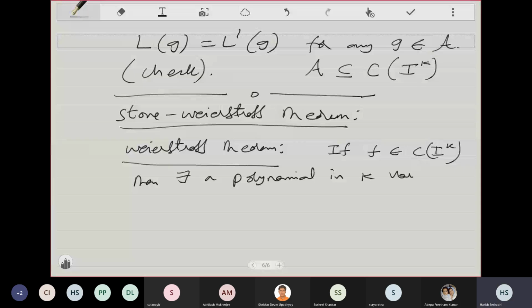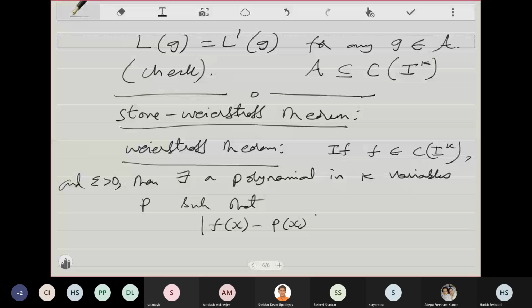If F belongs to C of Ik and epsilon greater than 0, then there is a polynomial in k variables P such that modulus of f of x minus p of x is less than epsilon for all x in Ik.